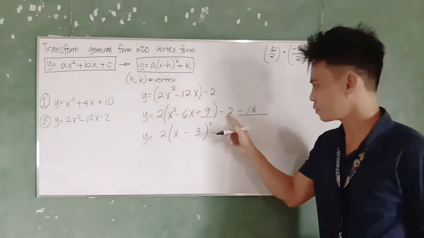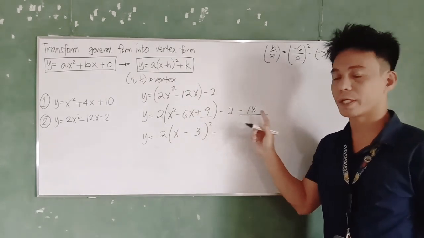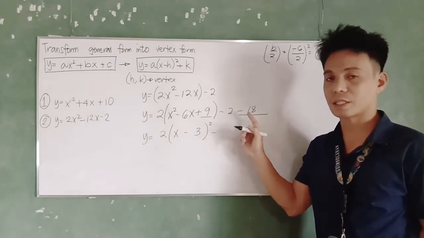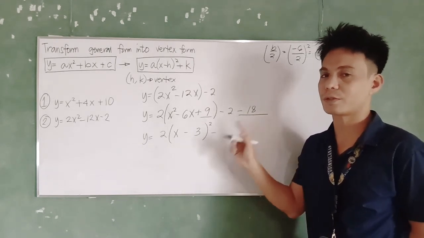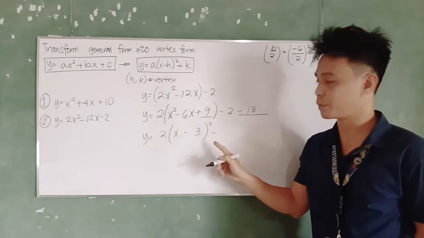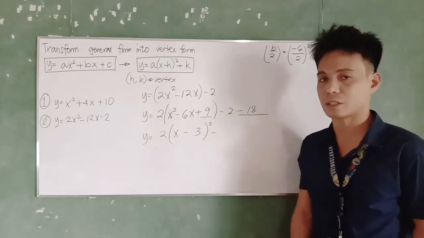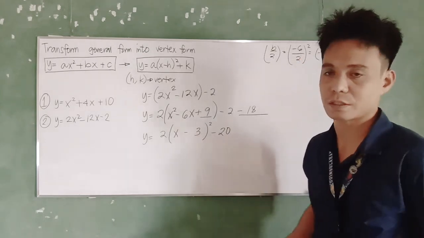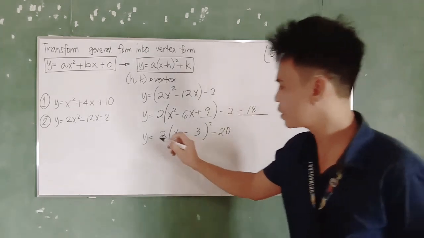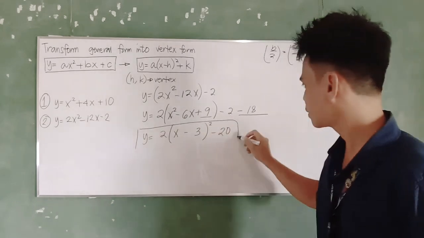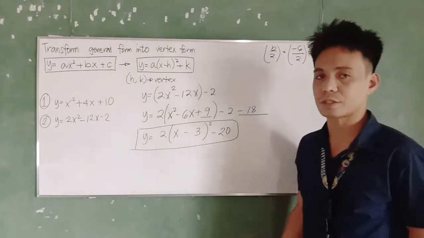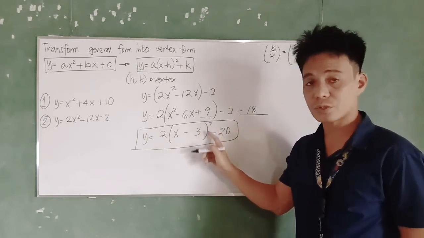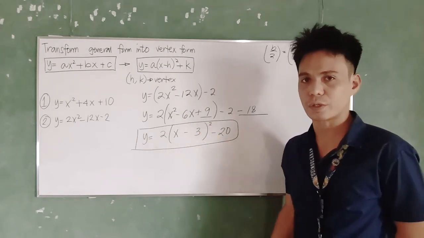Then, negative 2 minus 18, subtracting like sign is to add. So, therefore, gagawin natin, add natin yung dalawa, copy their sign. So therefore, 2 plus 18 is 20. Copy their sign, negative. Okay, so therefore, your answer is this one. There you have it guys. Our answer is y is equal to 2 quantity x minus 3 squared minus 20.